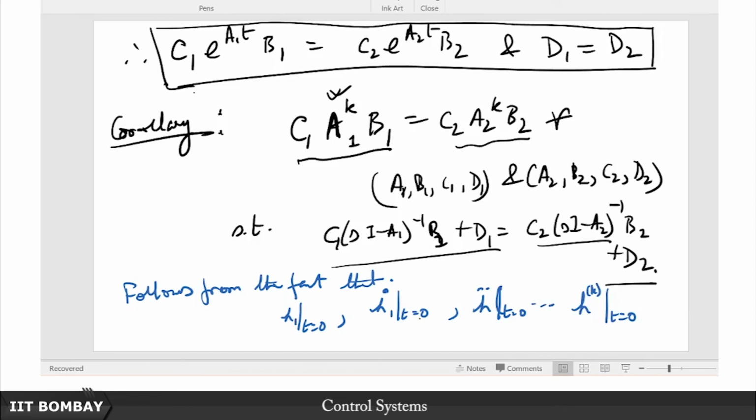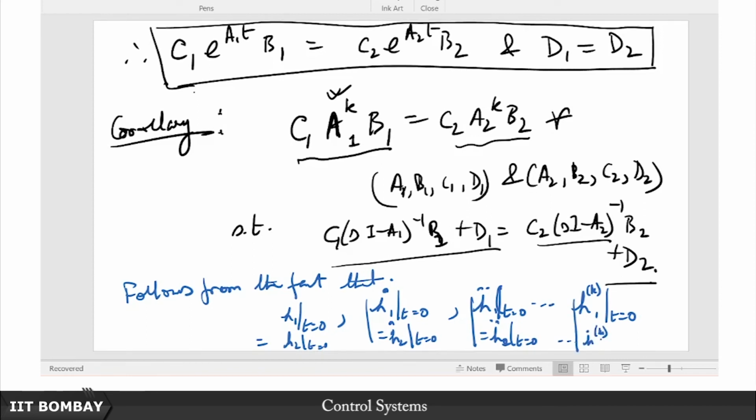So if this is h1, the impulse response of the first system, it must be the same as h2 evaluated at t equal to 0. This must be the same as h2 dot evaluated at t equal to 0, this must be the same as h2 double dot evaluated at t equal to 0, and so on and so forth, and this must be the same as the kth derivative of h2 evaluated at t equal to 0.